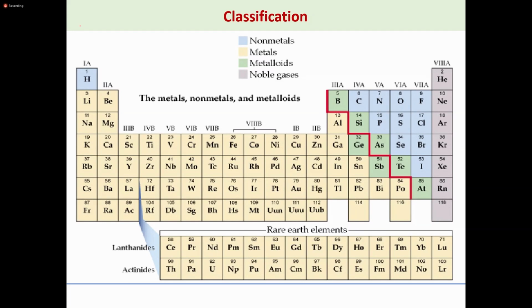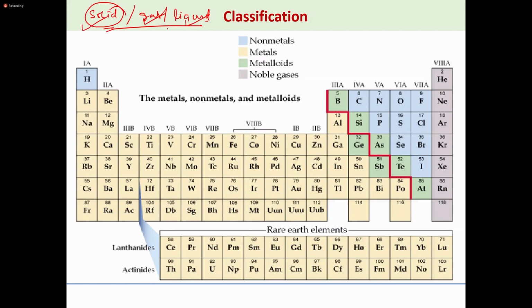If I give sodium, potassium, or cobalt, we can see that the physical property is solid. Others are gases, and some are liquids. So according to physical properties, we can say an element is in the solid state, the gaseous state, or the liquid state.